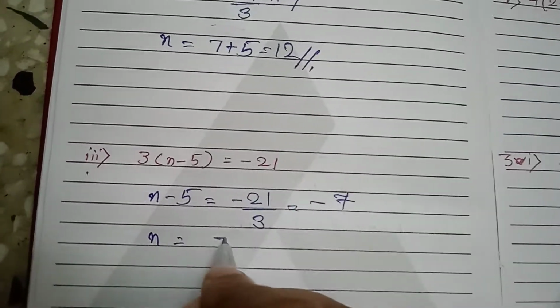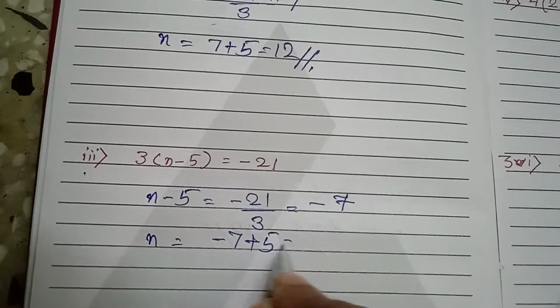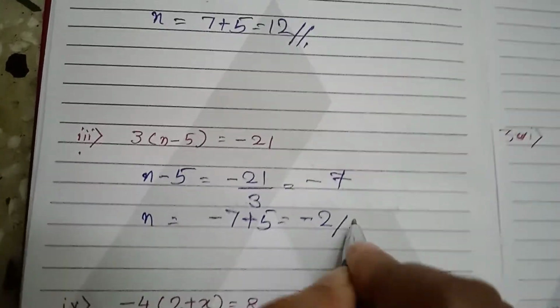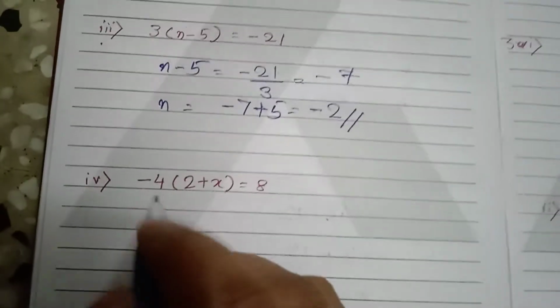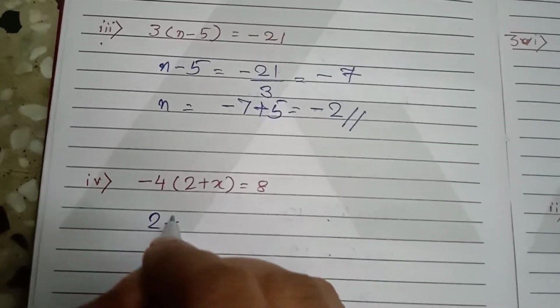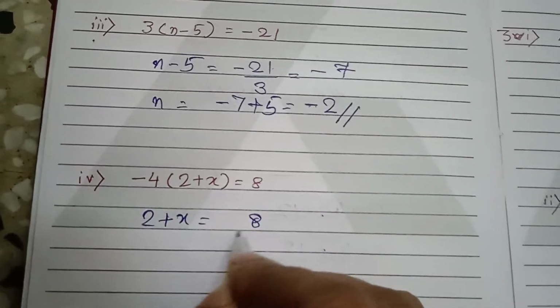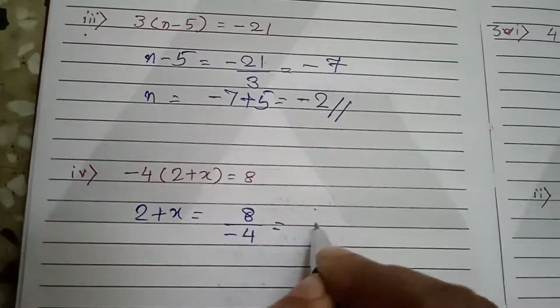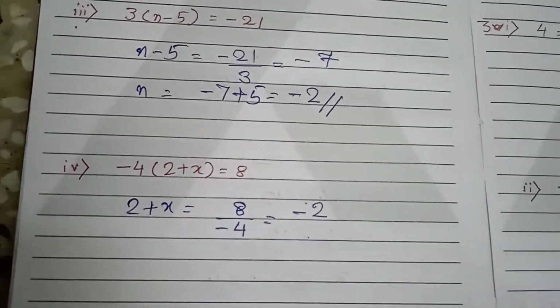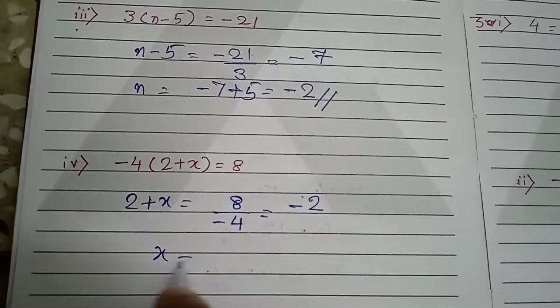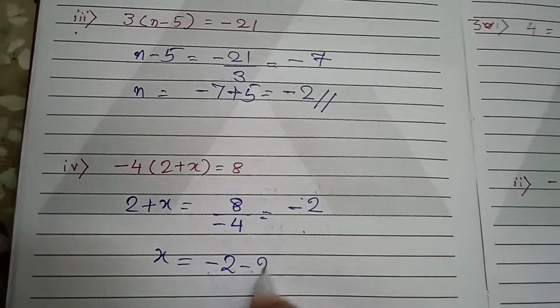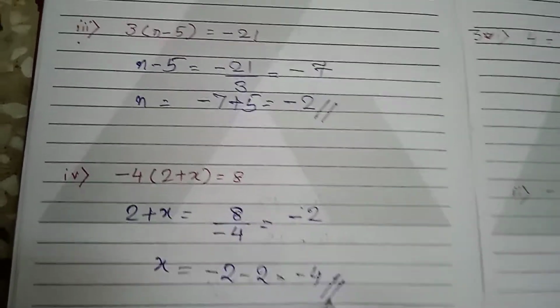So n will be minus 7 plus 5, which is equal to minus 2. Next, same way, 2 plus x is equal to 8 divided by minus 4. So there is a minus sign, 2. And what is x? Minus 2 minus 2, that is equal to minus 4.